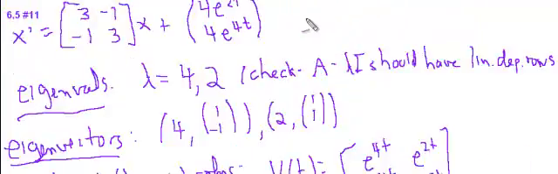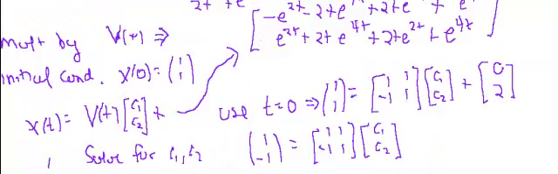I didn't state my initial condition up here, but it was x(0) equal to (1, 1). Okay, x(0) equal (1, 1). That's what I've rewritten right here.